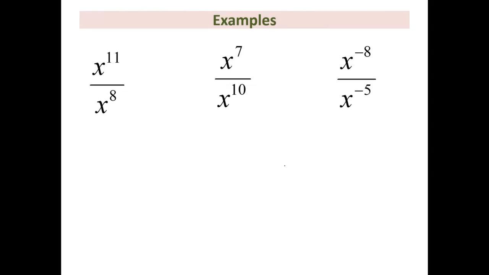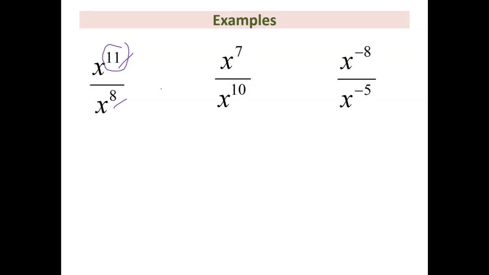Here I have 3 different examples, and as you can see, all of them are dividing, and I'm going to try to use the quotient rule. In the first example, I have x to the 11 and x to the 8. Now, I do it a little bit differently. The first thing I check is that the powers are positive. Second, I circle where my numerator or exponent is higher.